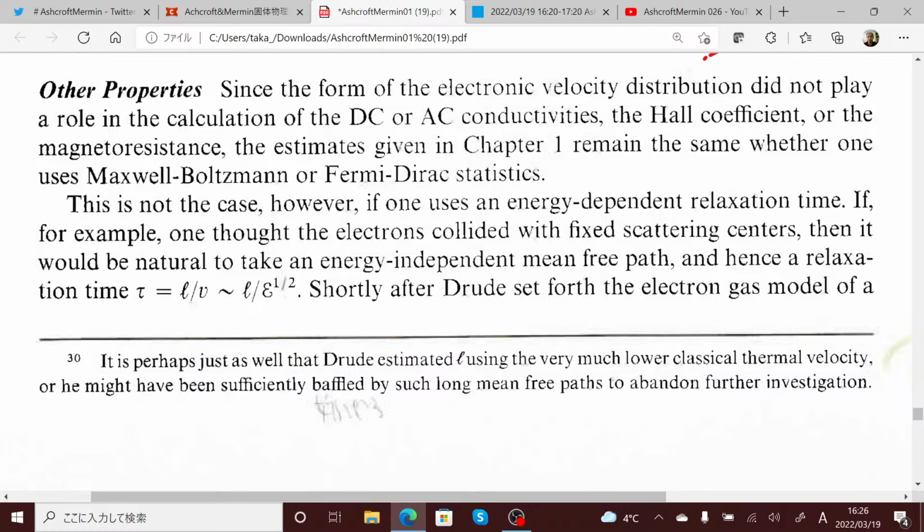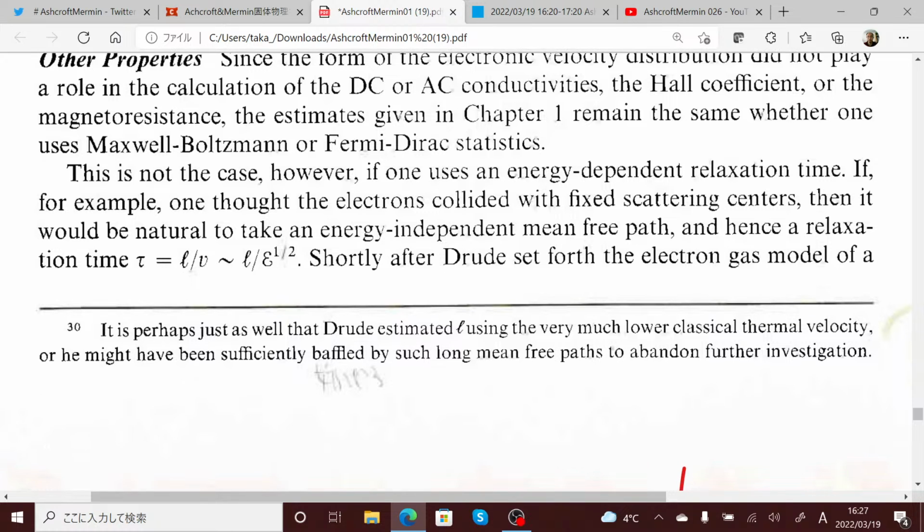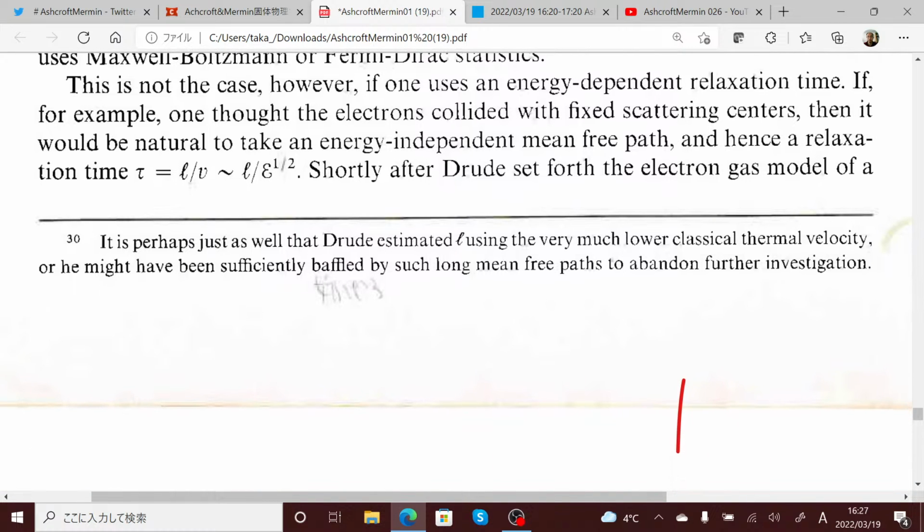If, for example, one thought the electrons collided with fixed scattering centers, then it would be natural to take an energy-independent mean free path, and hence the relaxation time tau is L over v, which is L over epsilon to the power 1/2.